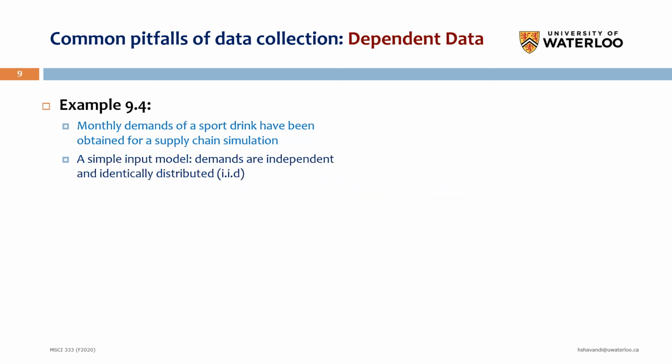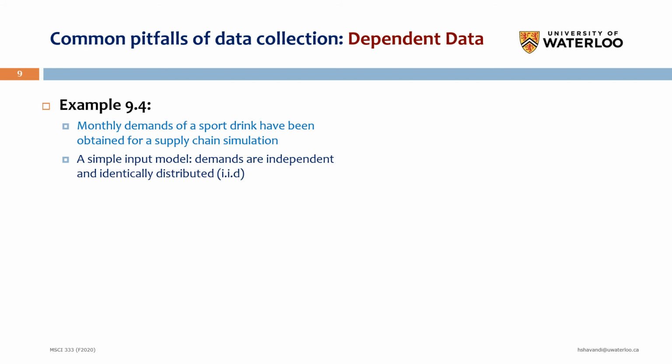And the last example is for dependent data. Here we have monthly demands of a sport drink for a supply chain simulation. For a simple input model, we assume that the demands over the days are independent and identically distributed, so IID.